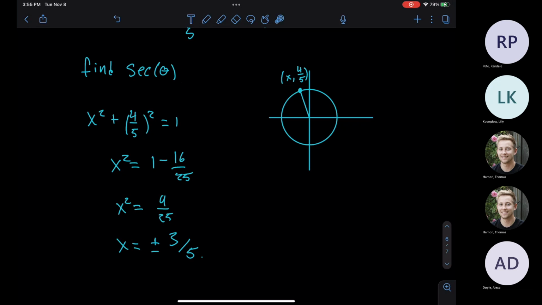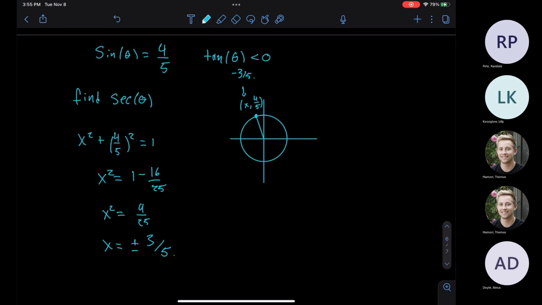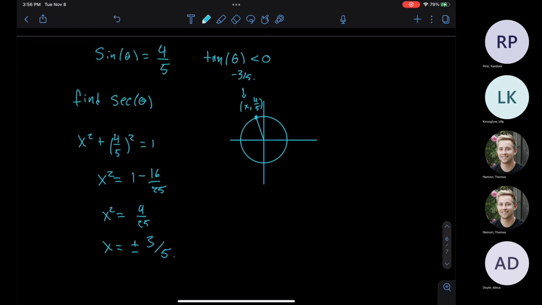But which one do I want? The positive one or the negative one? The negative one. I want the negative one because we are in quadrant 2. The x values of points in quadrant 2 are always negative. So we know that this value here is -3/5. So that's the x value. And what is my goal? My goal is to compute secant of theta.